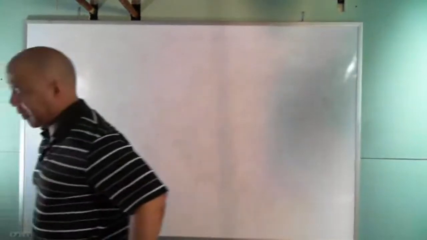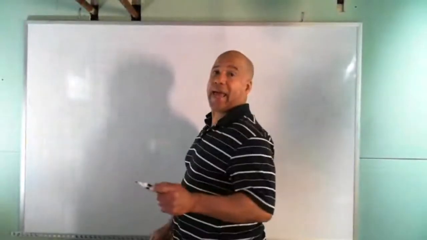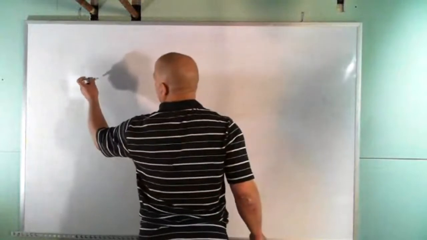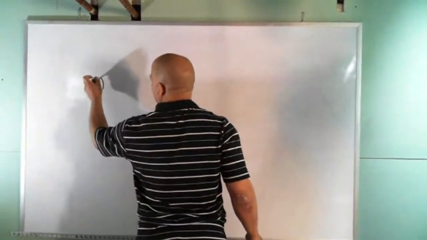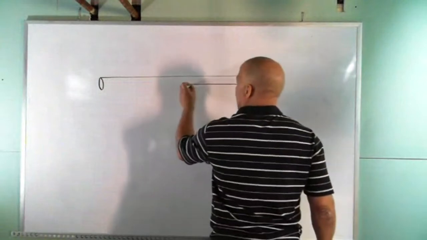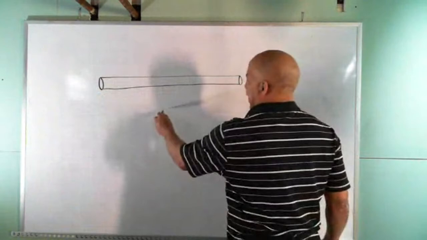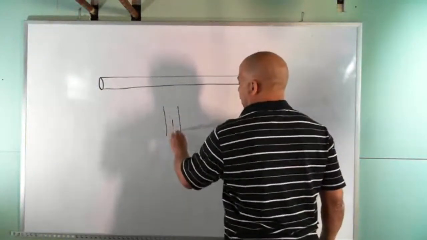let me show you what we're going to dig into. Imagine that I have a conductor. Here's a wire. And I apply a voltage source to the wire.